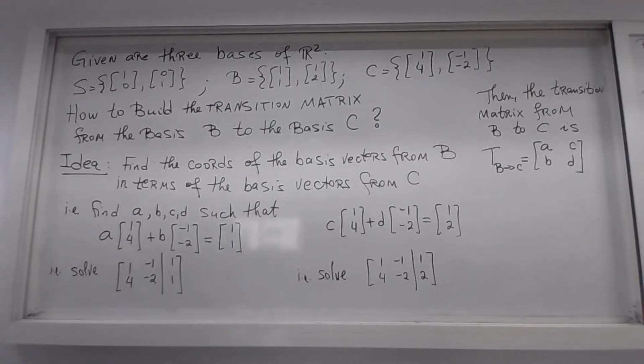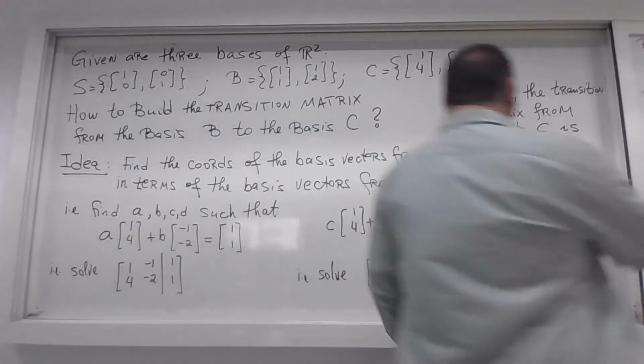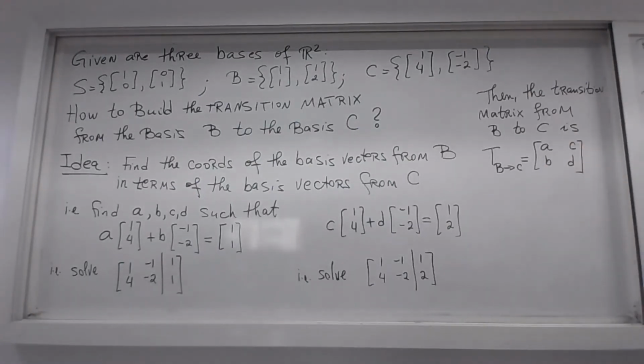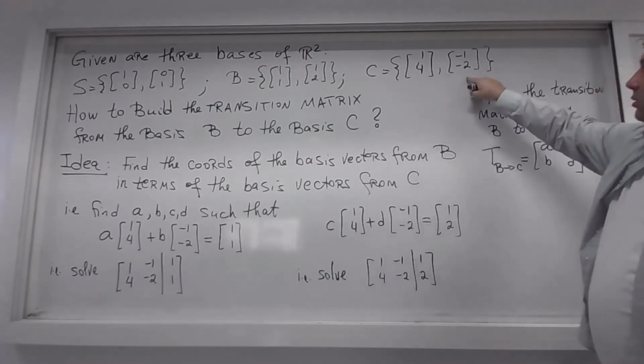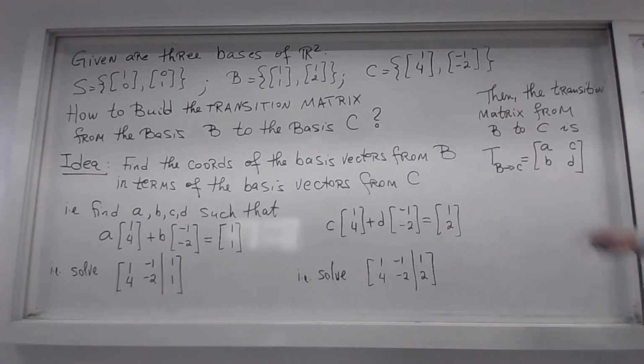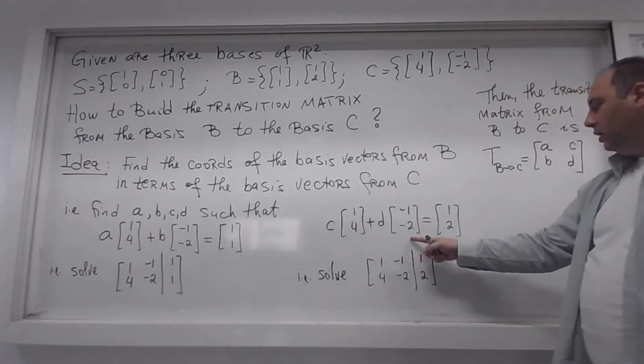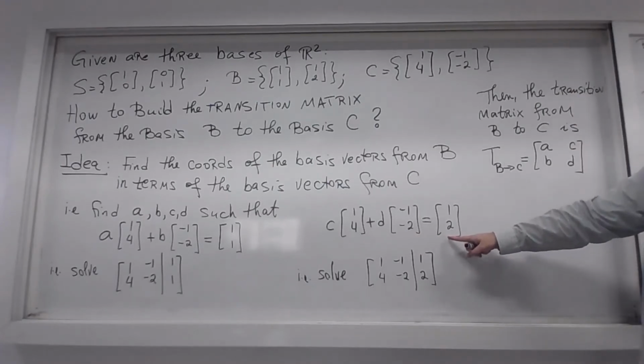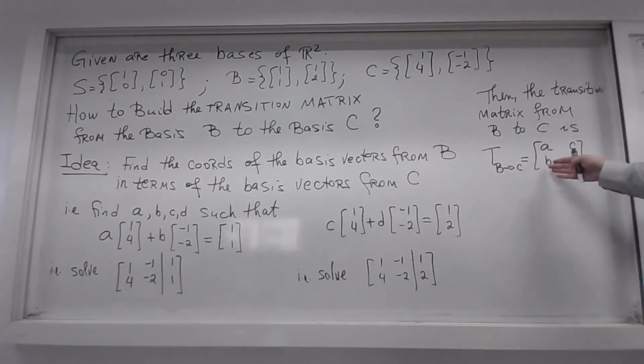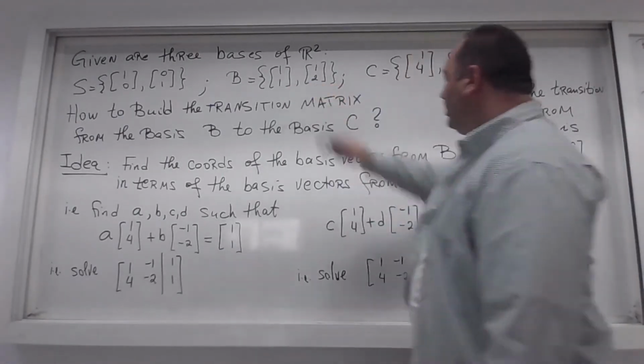Once I'm done, I put the solutions in vectors, in columns of a matrix, and that's my transition matrix from basis B to basis C. The first column contains the constants in front of the basis vectors from C relative to the first basis vector in B, and the second column has the coefficients in front of the vectors from basis C relative to the second vector in the basis B. So first column for the first vector, second column for the second.